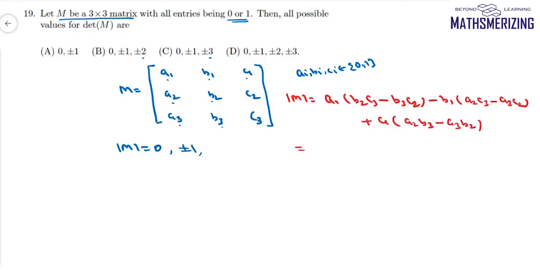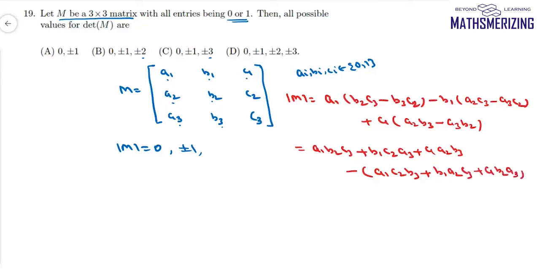So if I'll rearrange, I can write A1B2C3 plus B1 C2 A3 and then plus C1 A2 B3 and then minus A1 C2 B3 plus B1 A2 C3 and then plus C1 B2 A3.